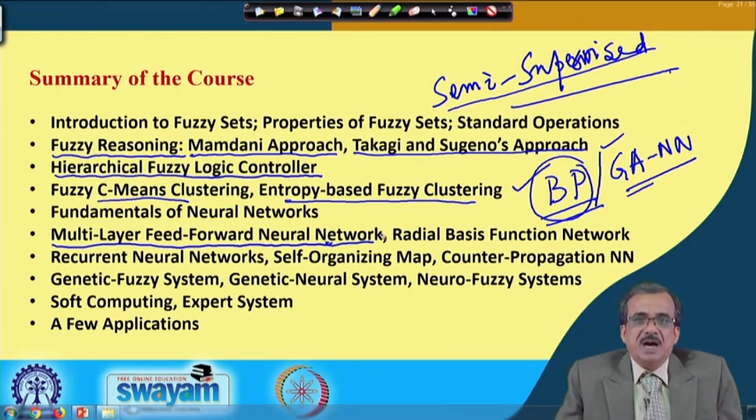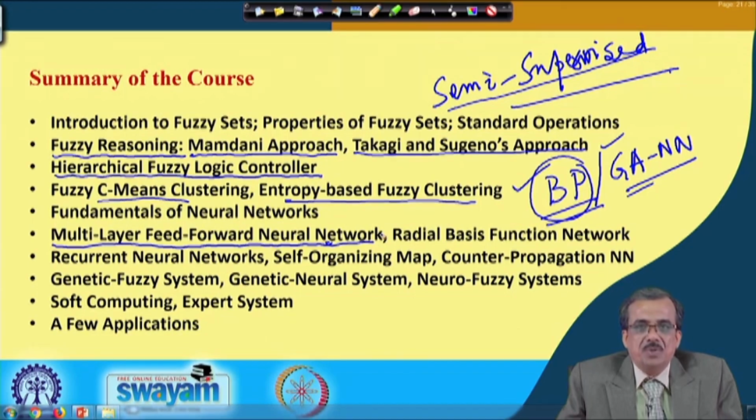Supposing that I am modeling a process having say 5 inputs and 4 outputs. So, if there are 5 inputs, on the input layer we are going to use 5 neurons, and on the output layer we are going to use 4 neurons.